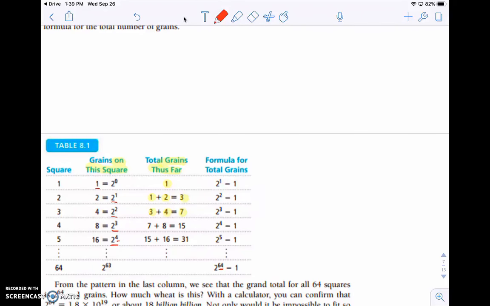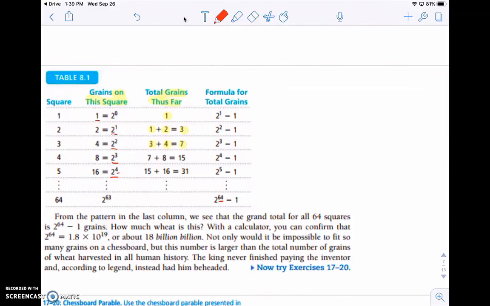You do not need to know the derivation or where that comes from, but it was kind of interesting. When we follow this pattern in the last column, we can see that the grand total for all 64 squares is 2 to the 64th power, and then subtract 1.